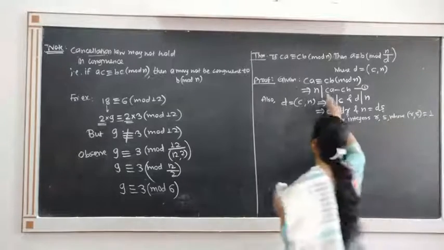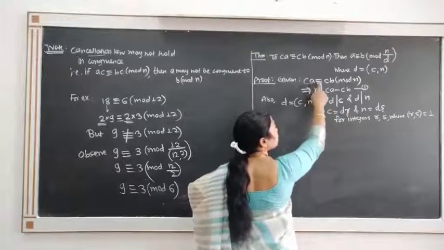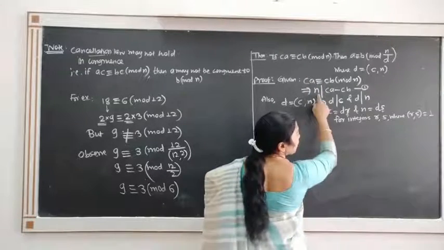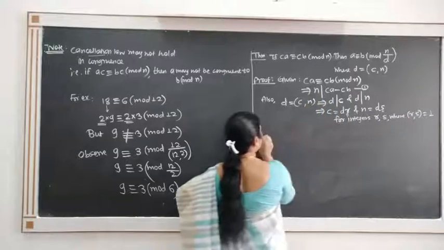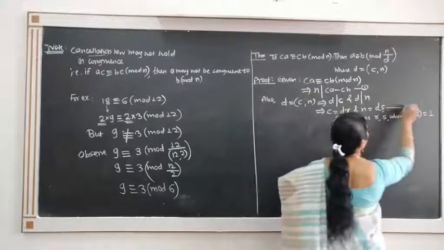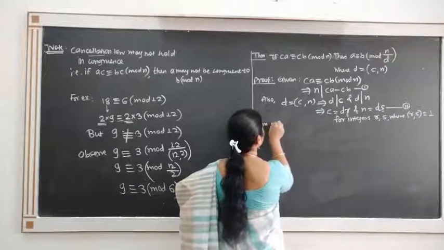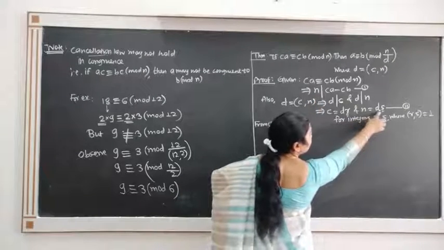Now see, we have n divides CA minus CB and we have given that CA is congruent to CB mod n. So put the values now. We are able to put n equal to DS. So use step 1 and step 2 together. From step 1 and 2, n is nothing but DS.